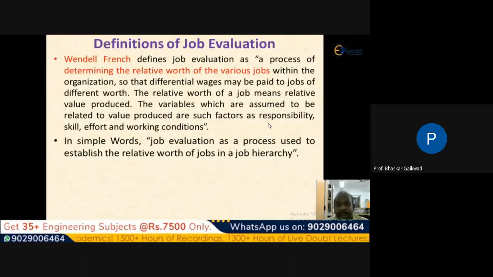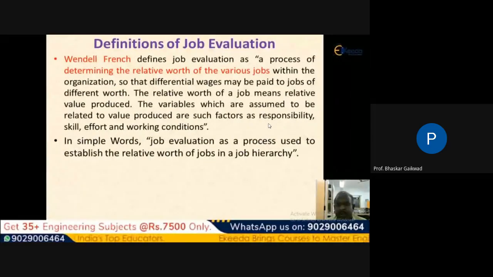I am going to compare the jobs based on a few factors, like how responsible he is, how skilled he is to do that, what effort he has put in, and what working conditions he is working under. So there is some basis for evaluating a particular job. That is given by French.